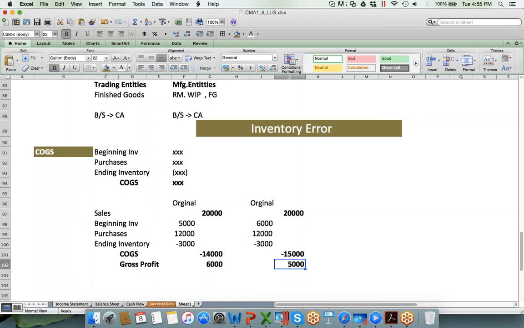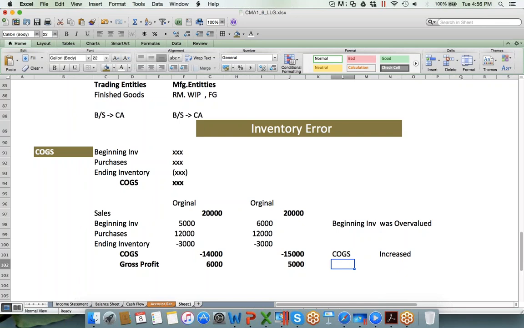What happened here? Beginning inventory was overvalued. What happened? Cost of goods sold increased.